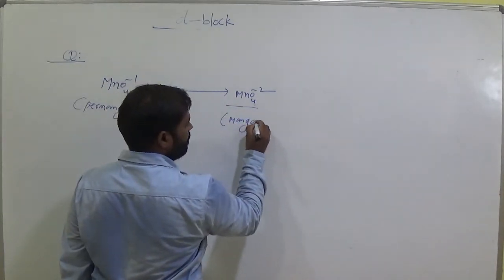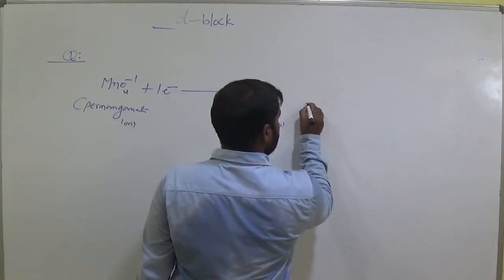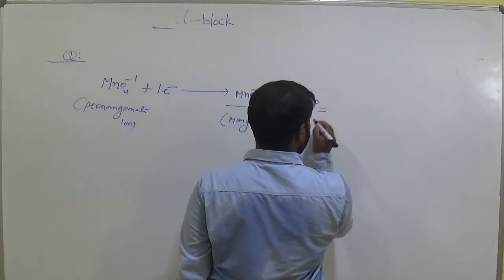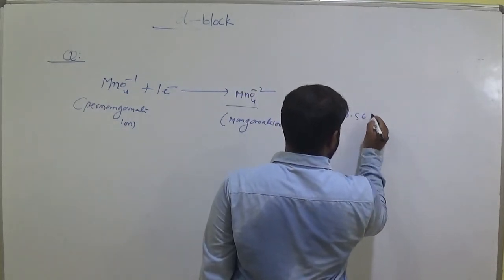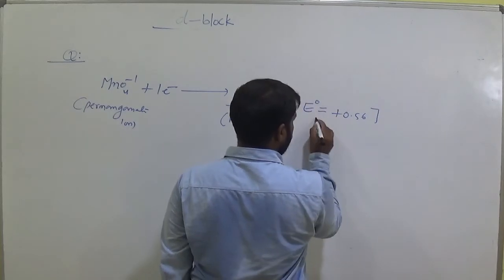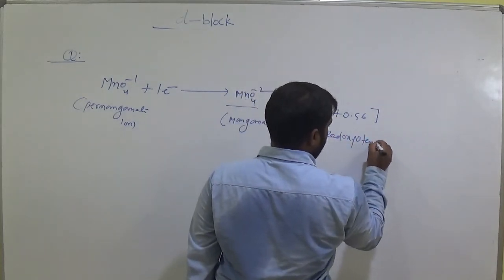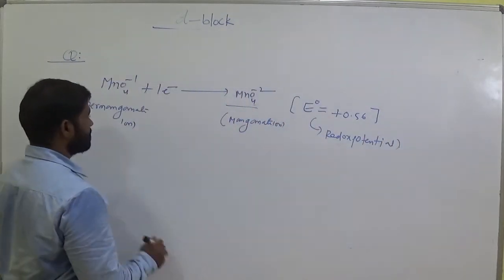Manganate ion, where the reduction potential value or redox potential value E naught is equal to plus 0.56. This is called the redox potential. Already we discussed this one.